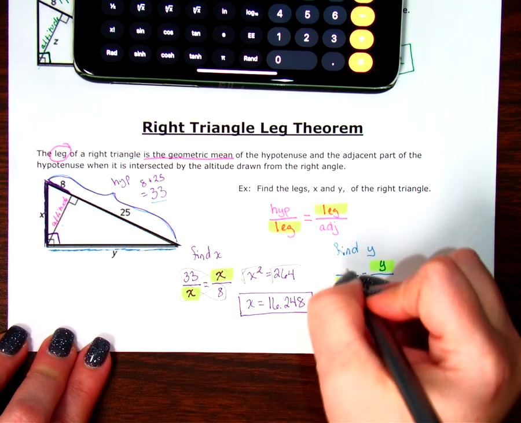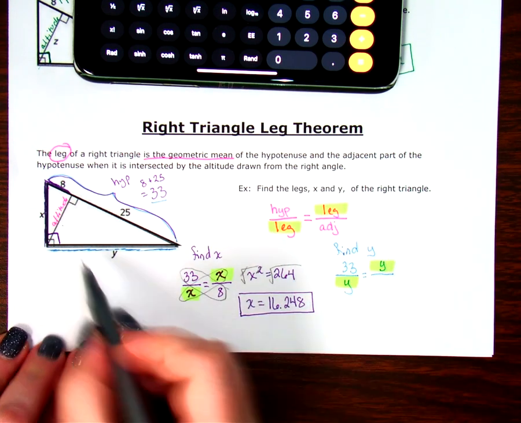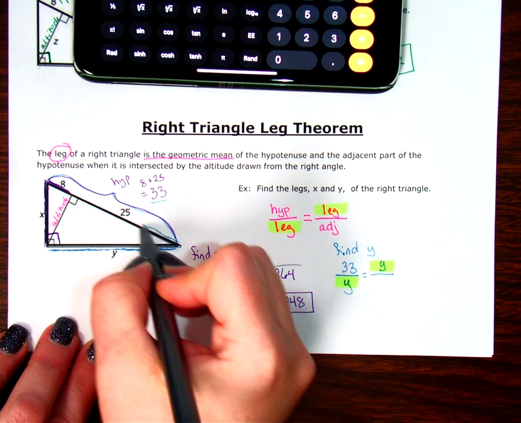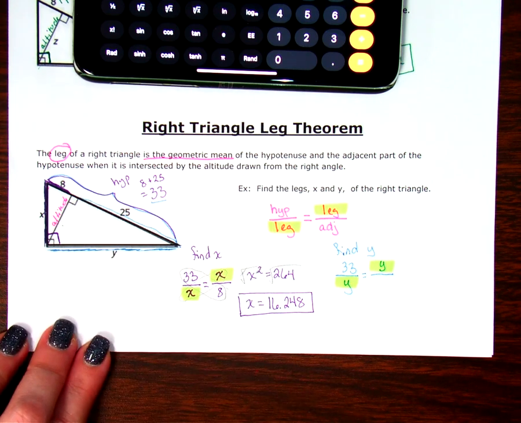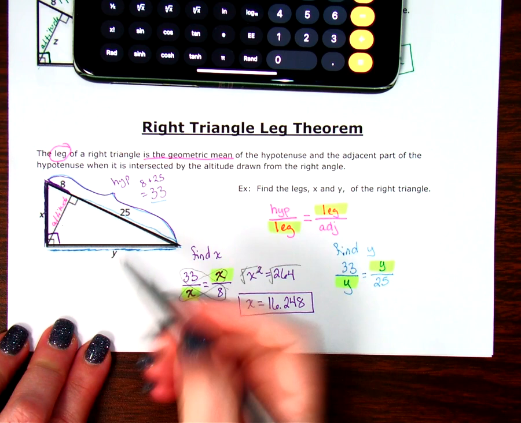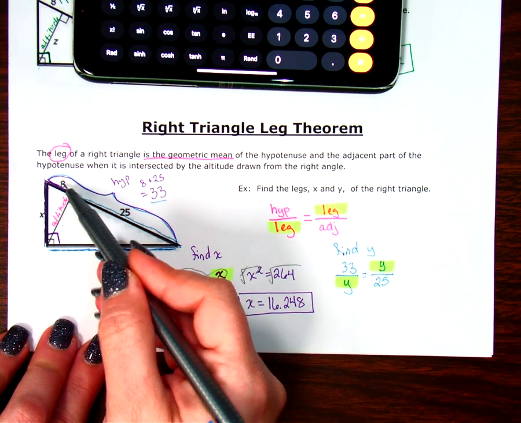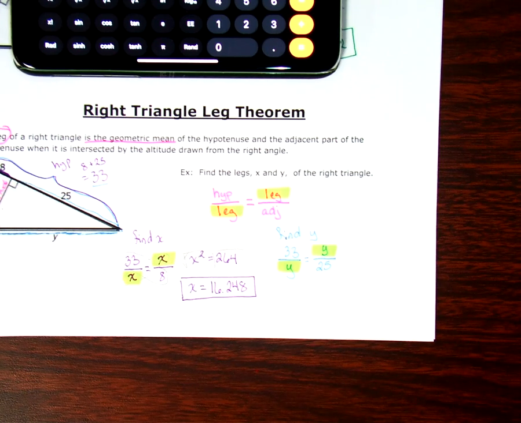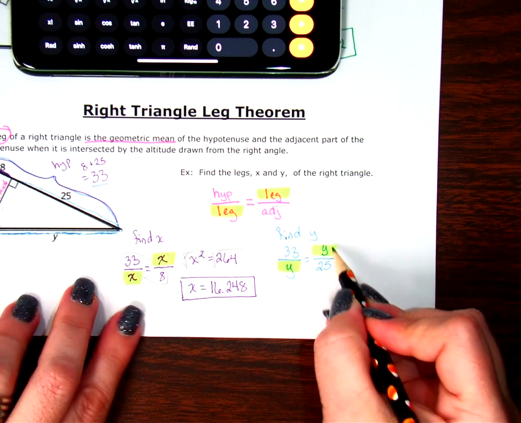Well, my hypotenuse hasn't changed. It's still 33. But the adjacent side, when I highlight here, is now the 25. The 25 is adjacent to the y, the 8 is adjacent to the x.